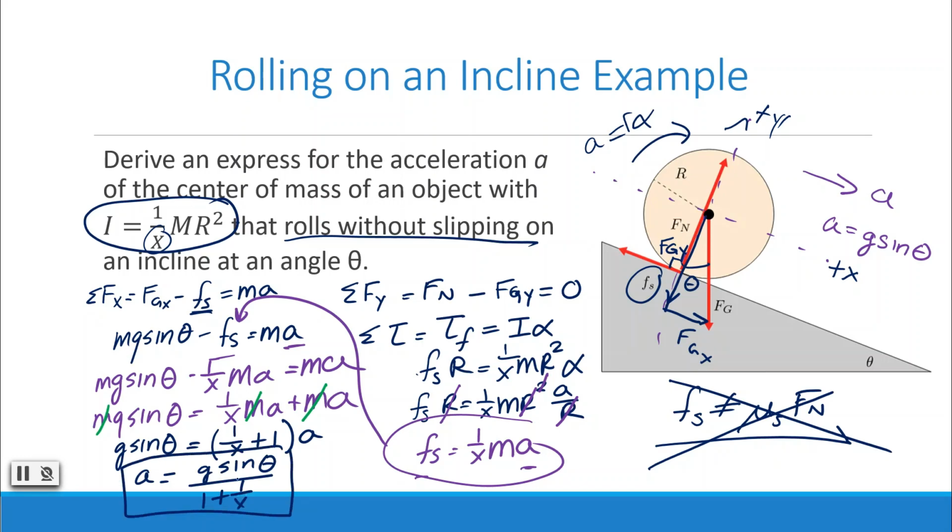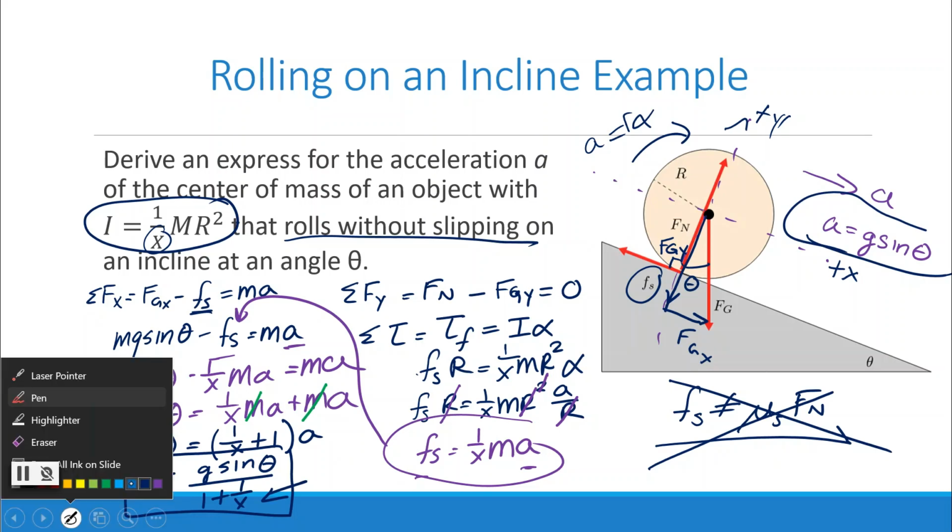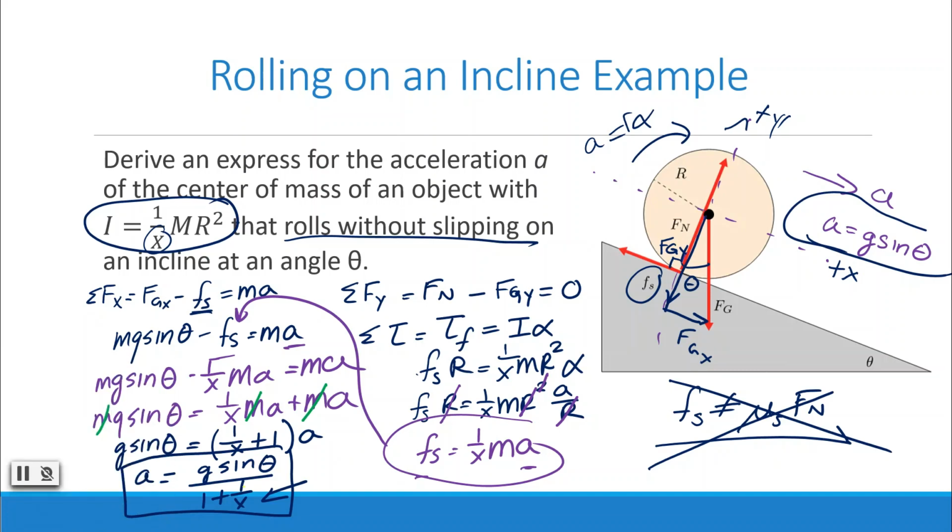What this tells me is that I'm taking a very similar equation, g sine theta, and the only thing I'm doing is adding this term into the denominator that is based on the general shape, whether it's a solid sphere, a hollow sphere, and so forth. This whole coefficient right here, that is the big determination.